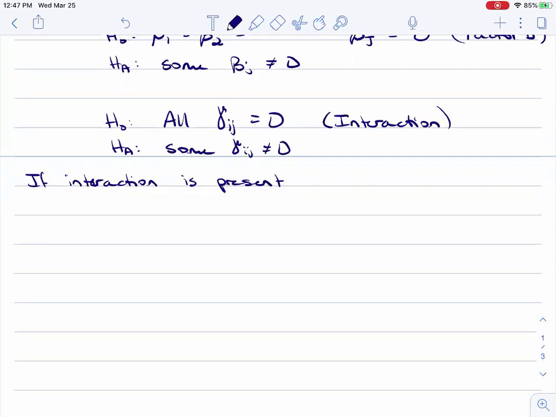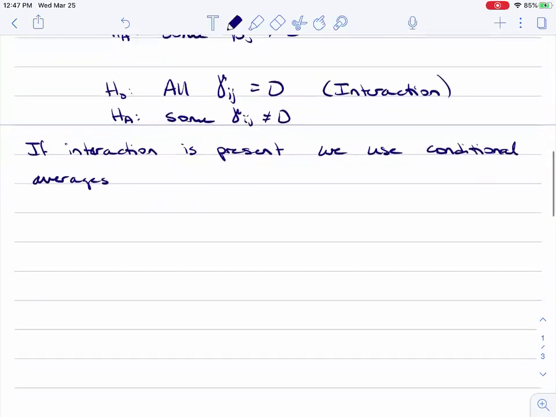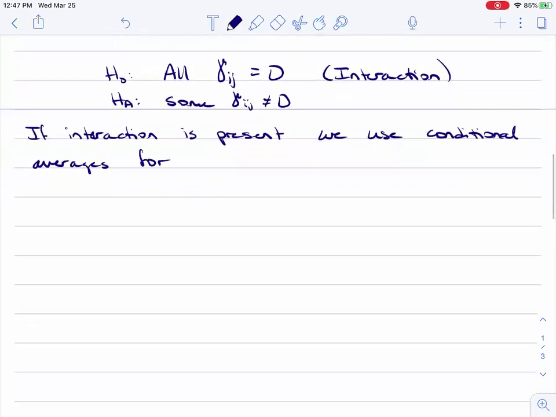So if interaction is present, we use conditional averages for HT, which I'll write for hypothesis testing, confidence intervals, and effect sizes.